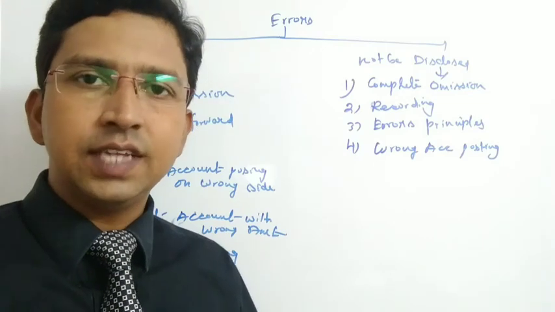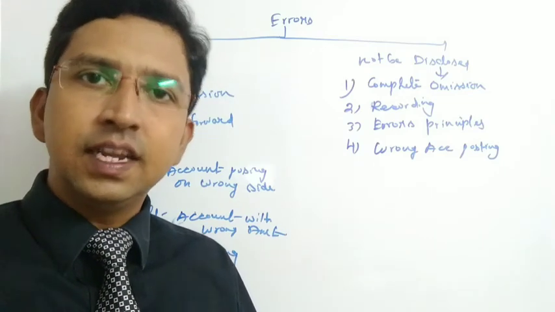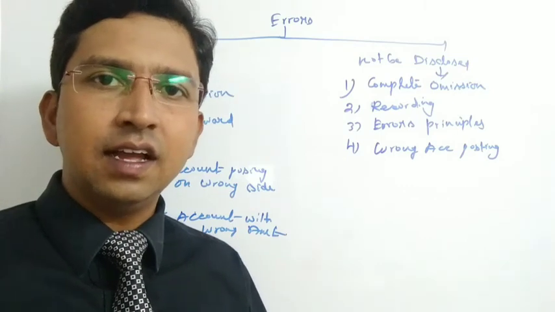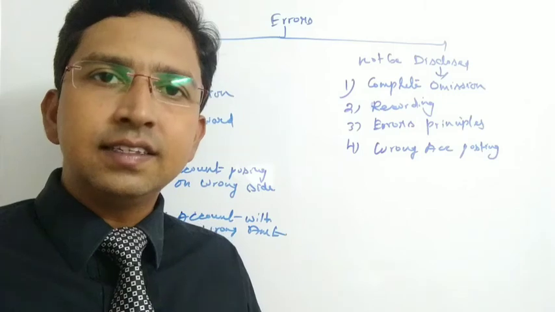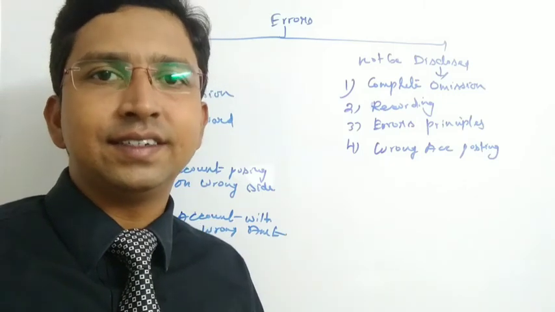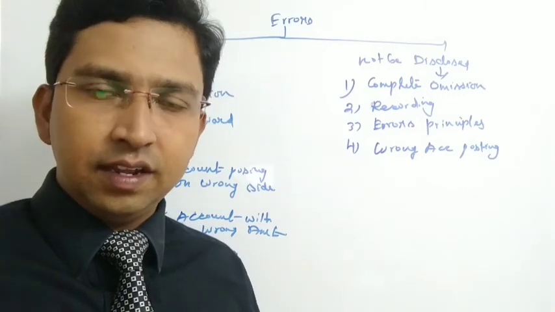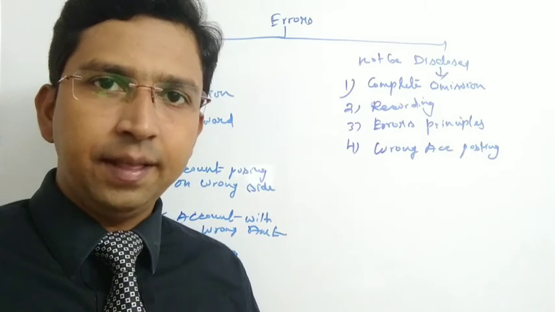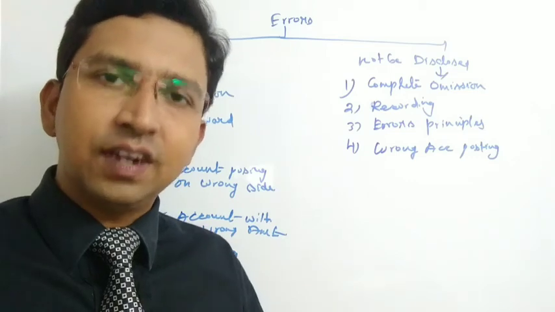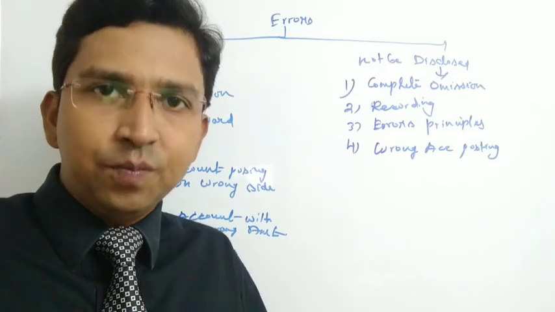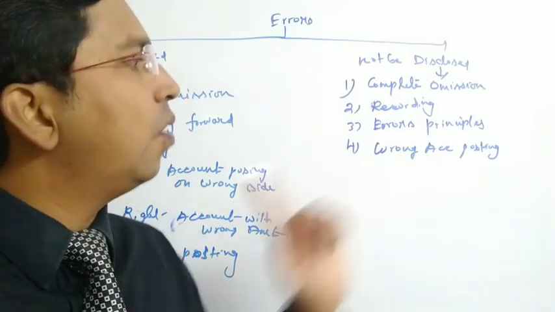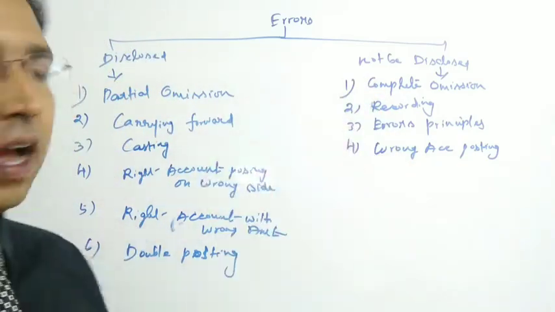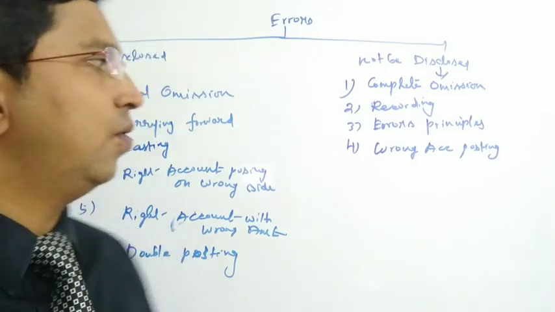Instead of posting into the sales account, if you post it into the sales return account, what will happen? Even though you are writing Raja on the credit side of the sales return, it will become a blunder. So even though we are writing on the right side with the right amount, if we post it into the wrong account, then it falls under this kind of error, and such errors cannot be disclosed.